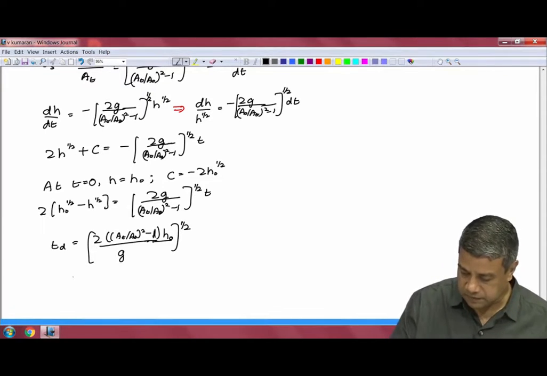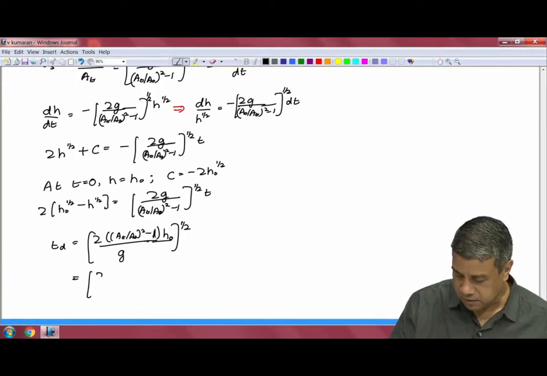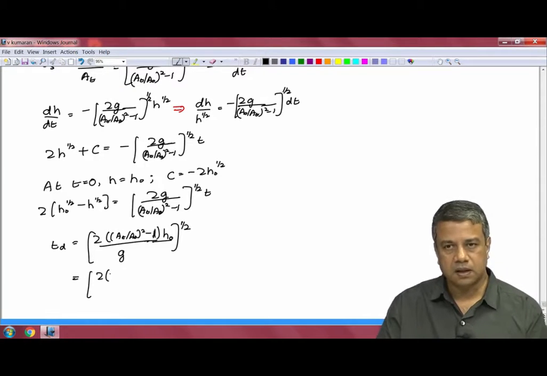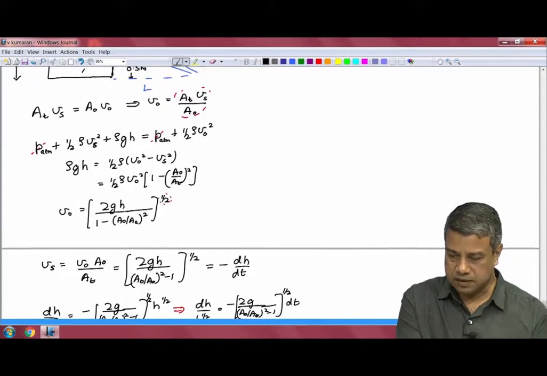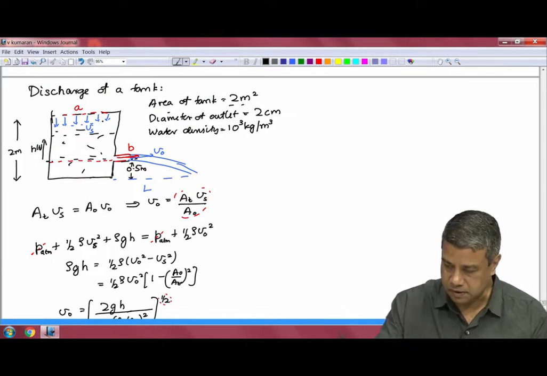I can substitute the values here. I have 2 into the square root. The surface area of the tank is At, equal to 2 meters square.